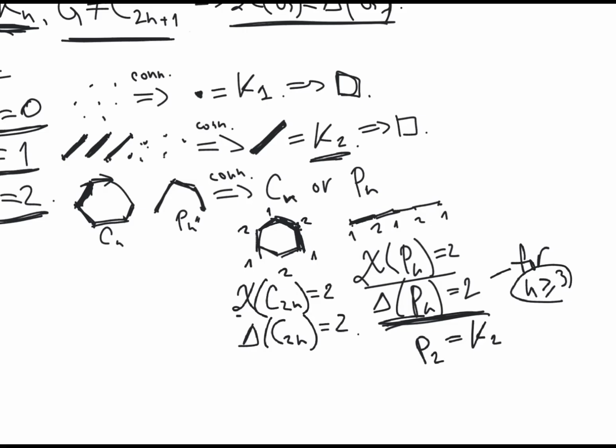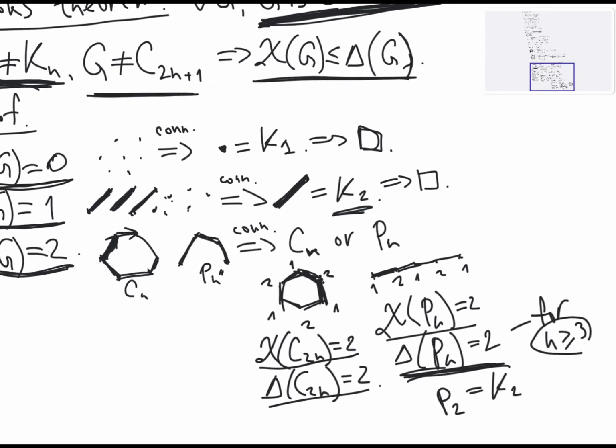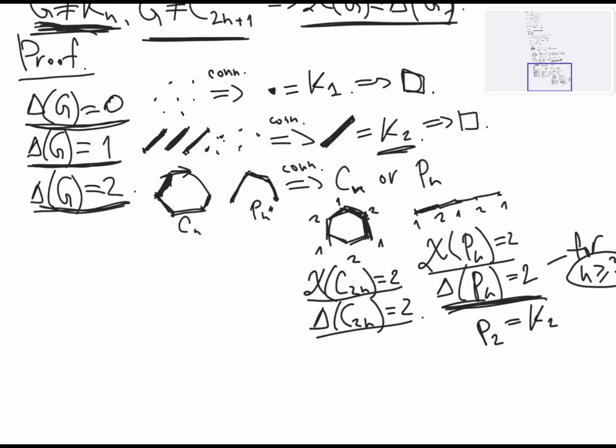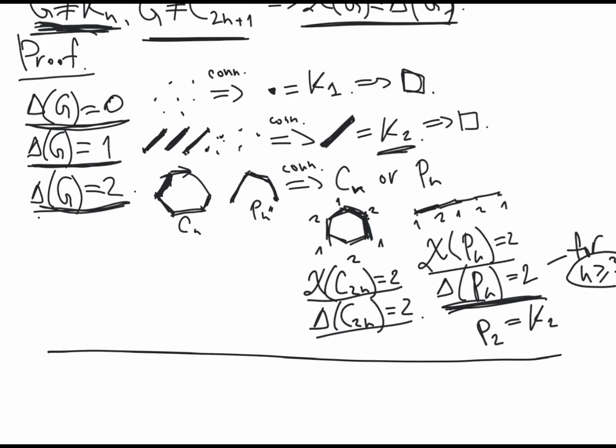So again, the inequality holds. So basically this concludes the proof for these cases of small delta.